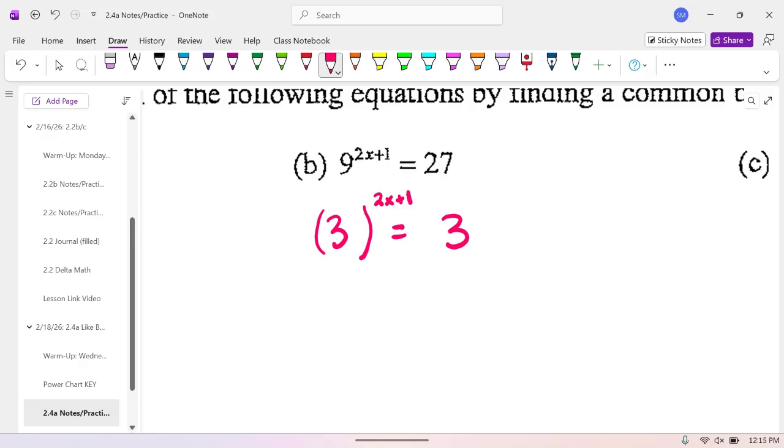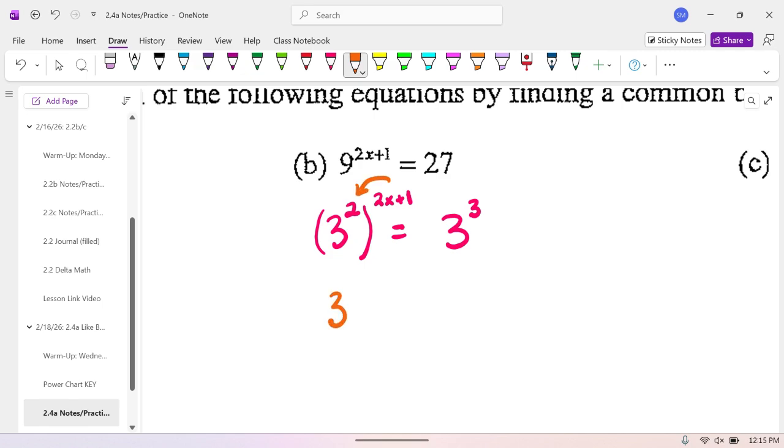Now, 3 raised to what power is 9? 2. 3 raised to what power is 27? 3. Now I'm going to do a quick power rule.